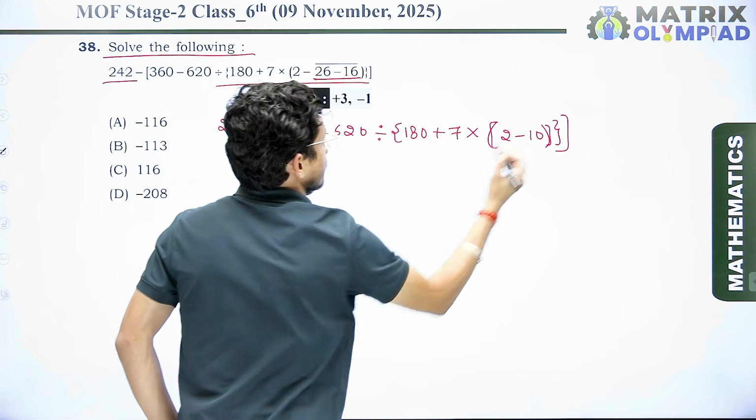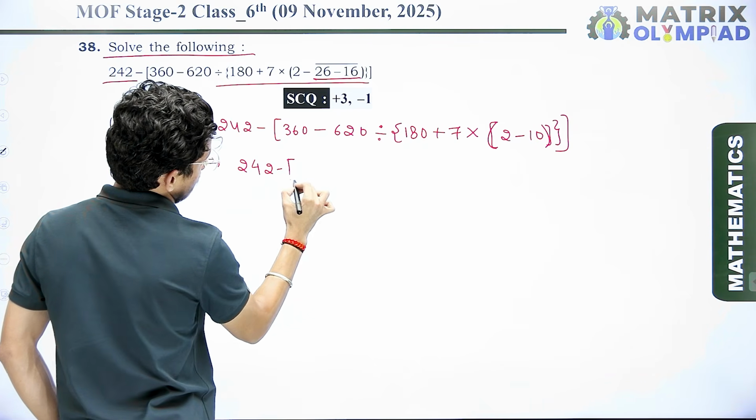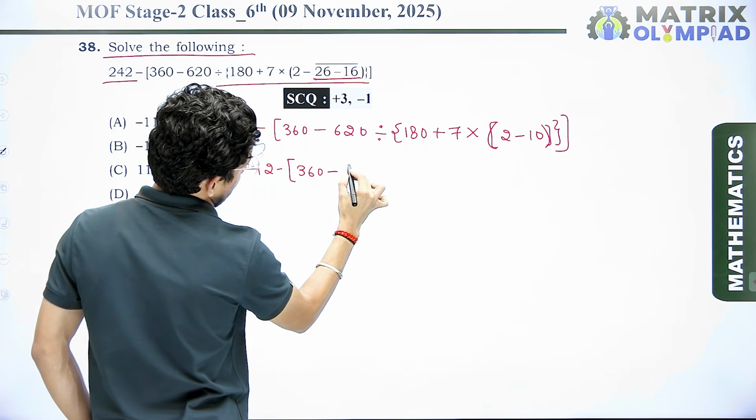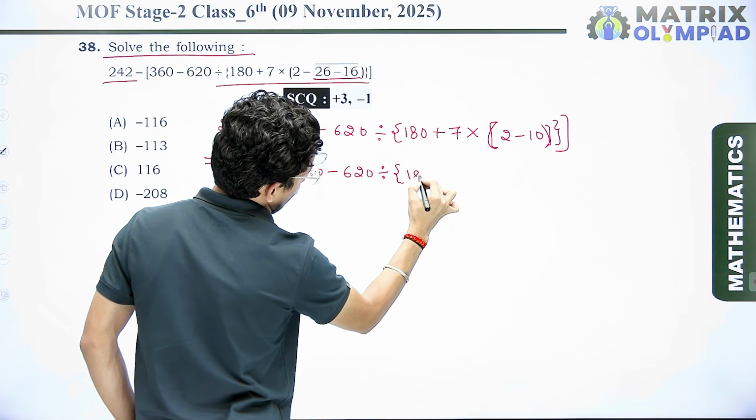This one is a small bracket. So now again we can write 242 minus 360 minus 620 divided by curly bracket 180.